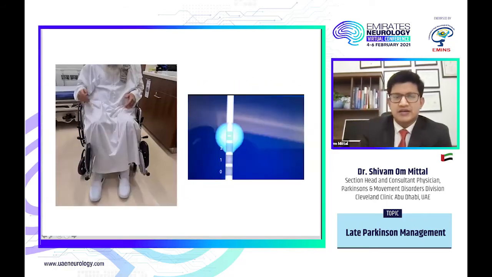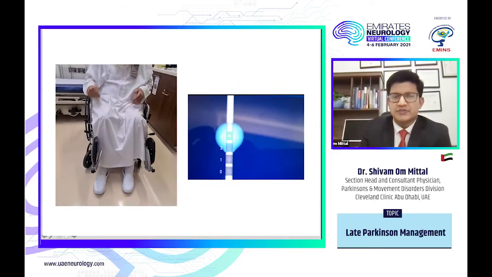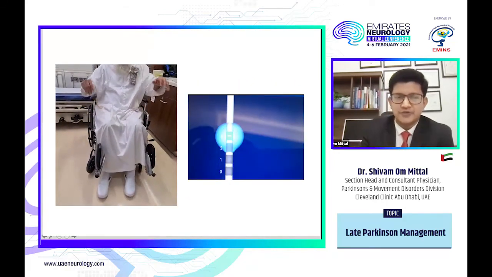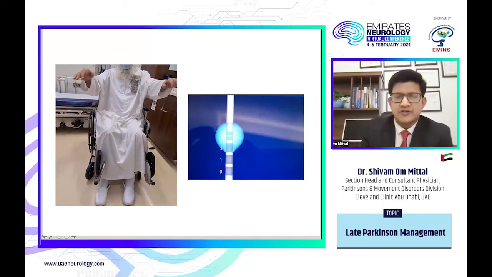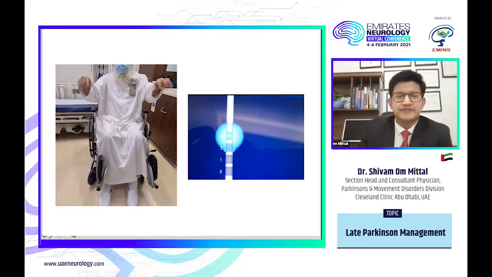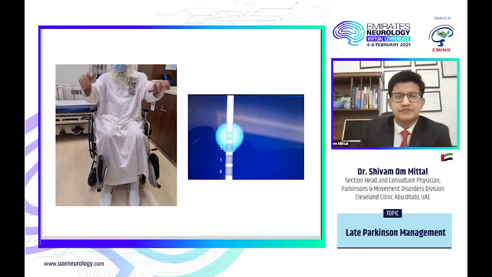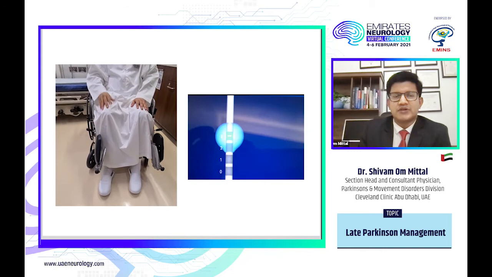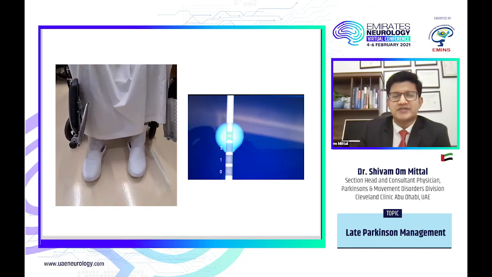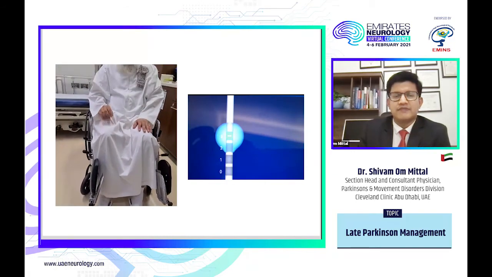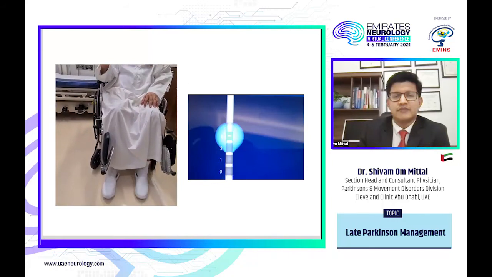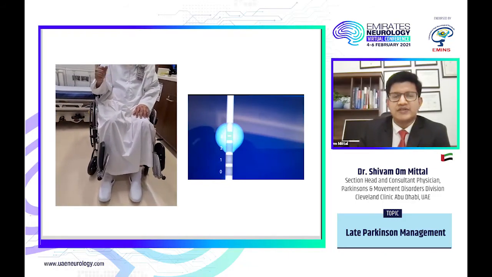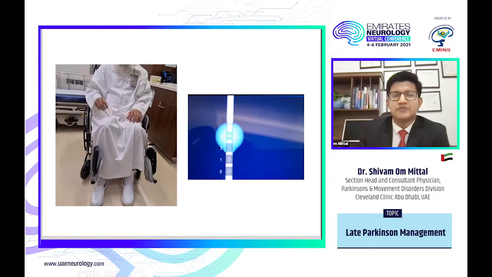This is his programming in the clinic. The DBS is off right now. Hold your hands up like this. You can see a lot of tremor in his hands. So the re-emergent tremor, and then here's a right hand rest tremor. A lot of bradykinesia, and you can see the right leg tremor coming up now.